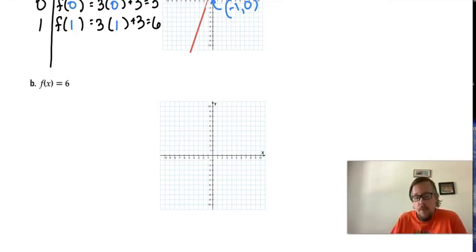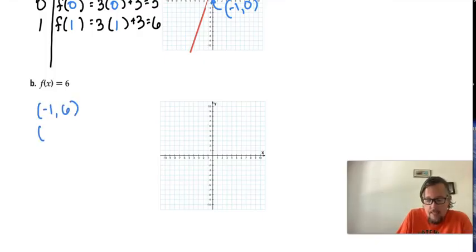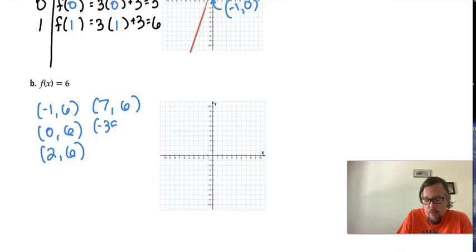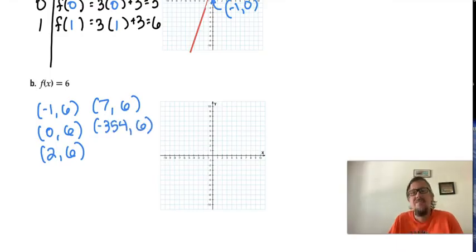So a set of coordinates we might use for this would be negative 1, 6, 0, 6, 2, 6, 7, 6, negative 354, 6. No matter what we choose for x, y always equals 6 because there is no x in the equation, there's nowhere to substitute a value of x, and that's because it doesn't matter what x is, y is 6 all the time.